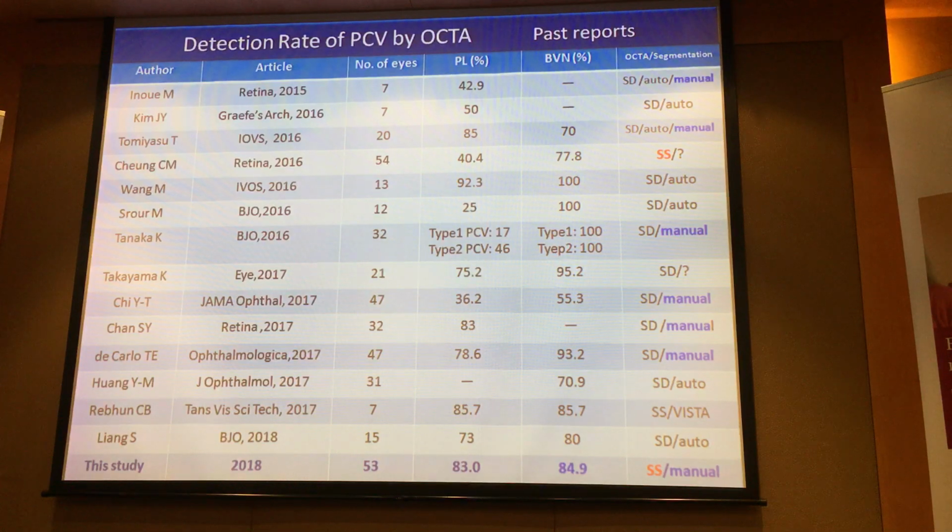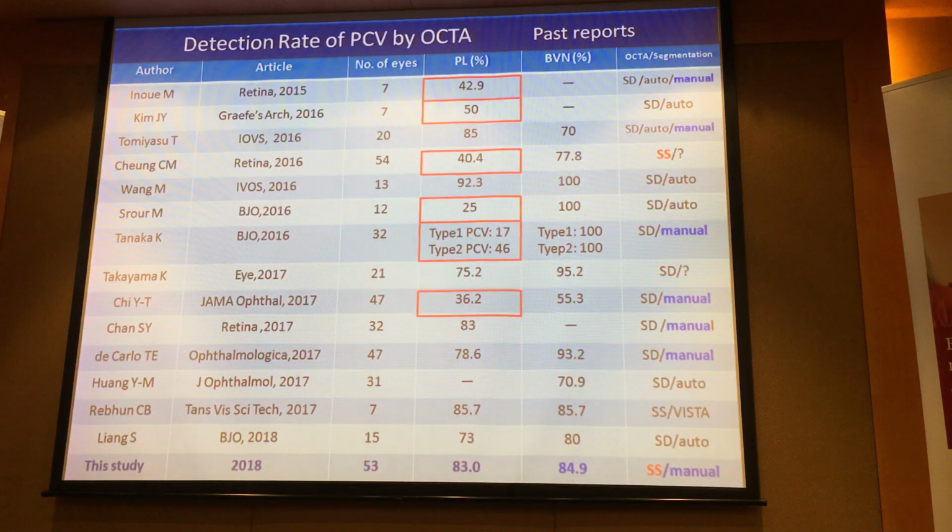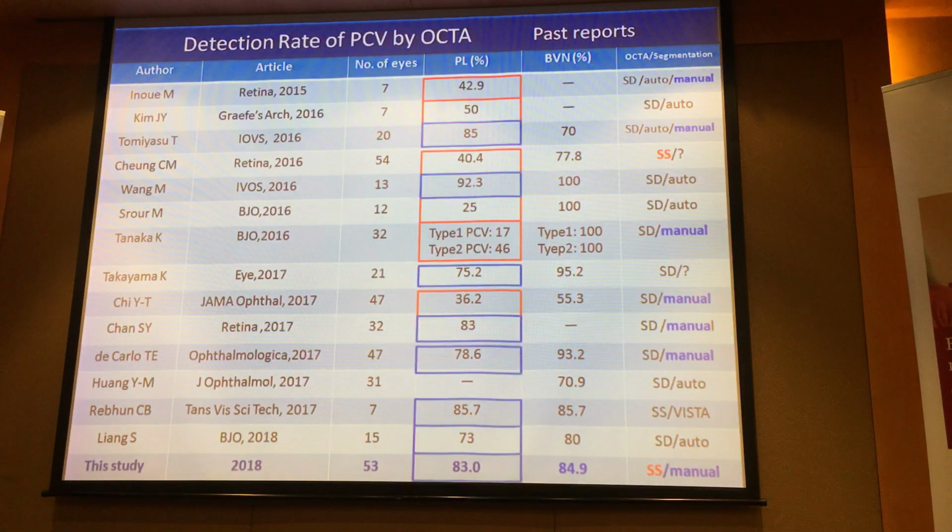This slide shows the detection rate of PCV by OCTA in past reports. There is a very low detection rate in many reports, about 30 to 40%, but recently the detection rate is improving by using manual segmentation in SS-OCTA.